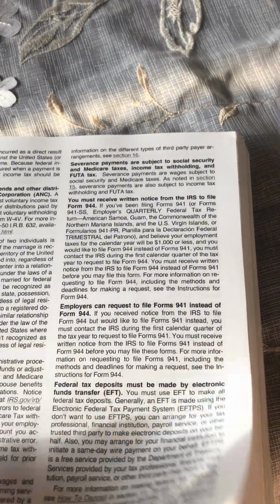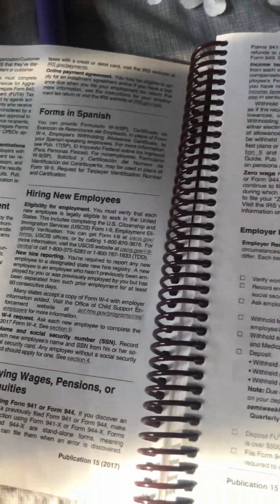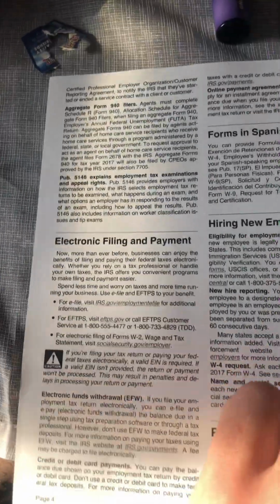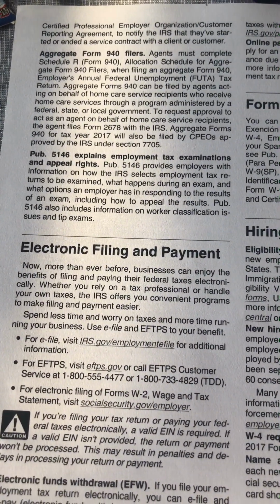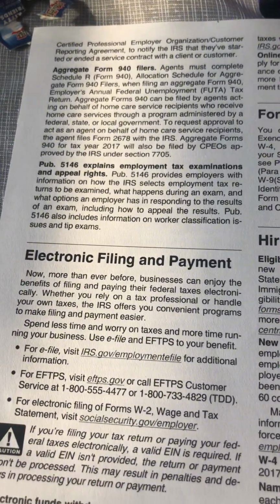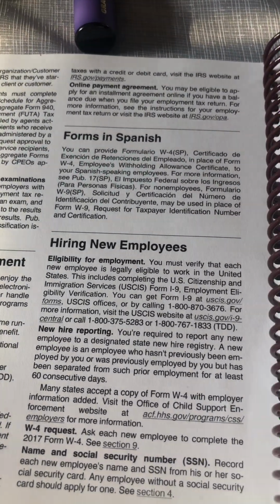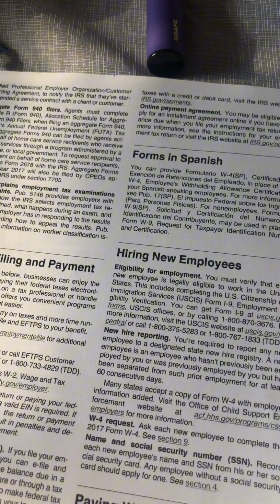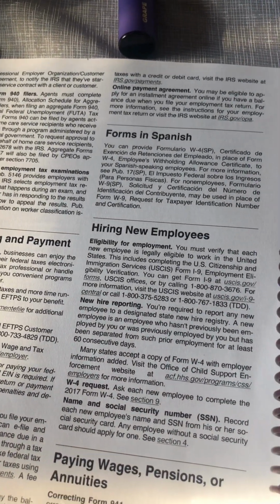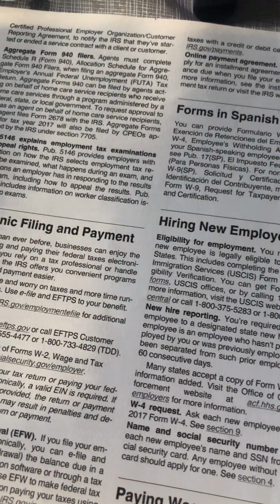And then there's another, I think it's probably in here, somewhere in the book, and it talks about the day and the date and the calendar for when you have to send your tax forms in, and whether you send your employment taxes quarterly or annually.